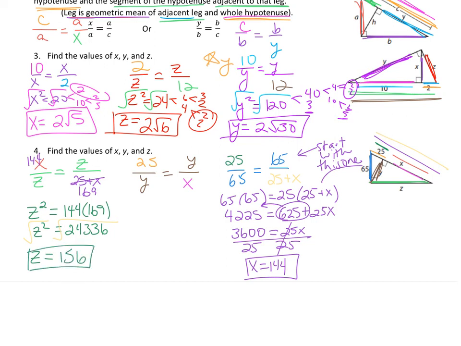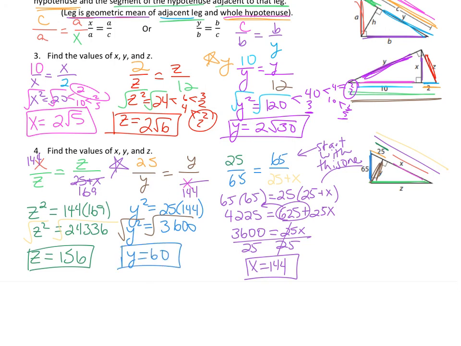Lastly, I want you to take this last one and solve for y. What you should have done is gotten y squared equals 25 times 144, which is 3,600. To undo that, we take the square root, and y comes out exactly at 60 for our final answer.